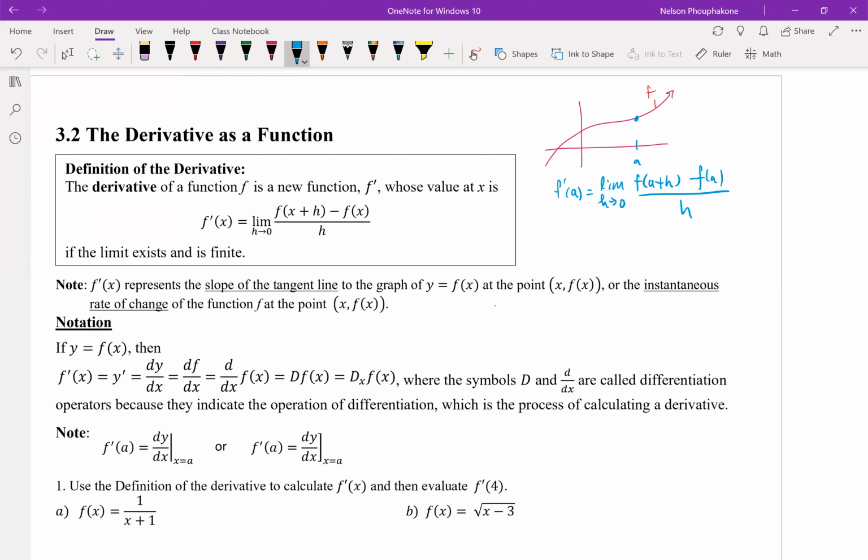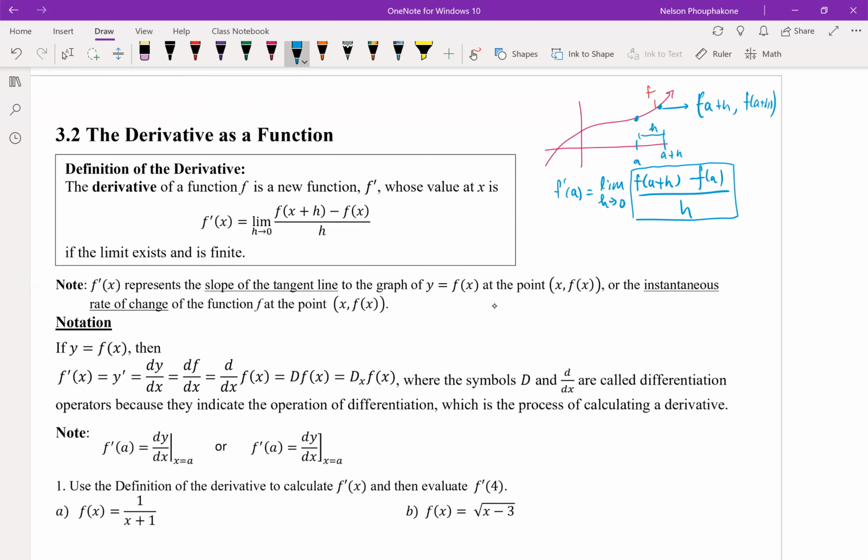As you know, this is the difference quotient. If I have the distance h right here, then I have this point, a plus h and f of a plus h.